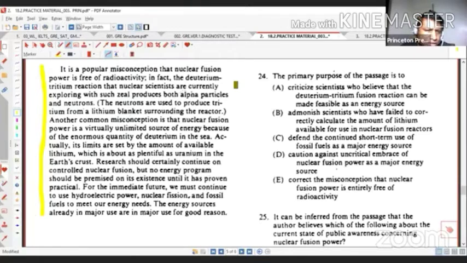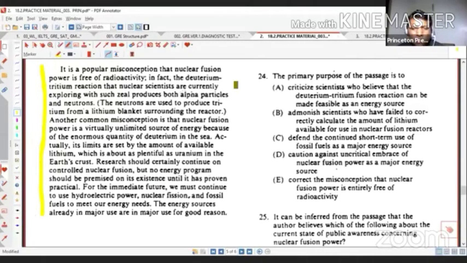Let's read. Another common misconception, they're talking about another one, is that nuclear fusion power is a virtually unlimited source of energy because of the enormous quantity of deuterium in the sea. Actually, its limit is set by the amount of available lithium.